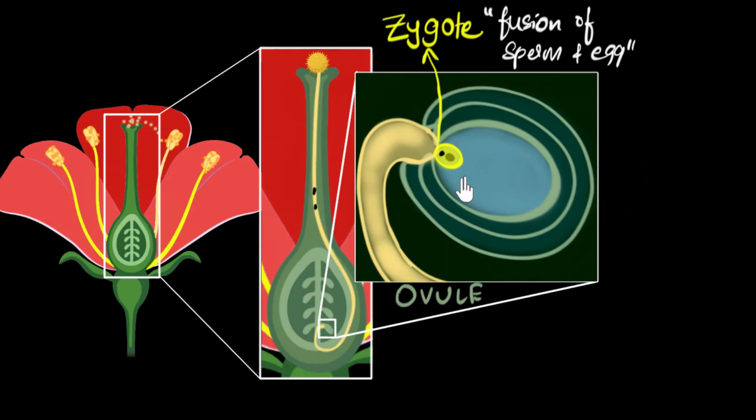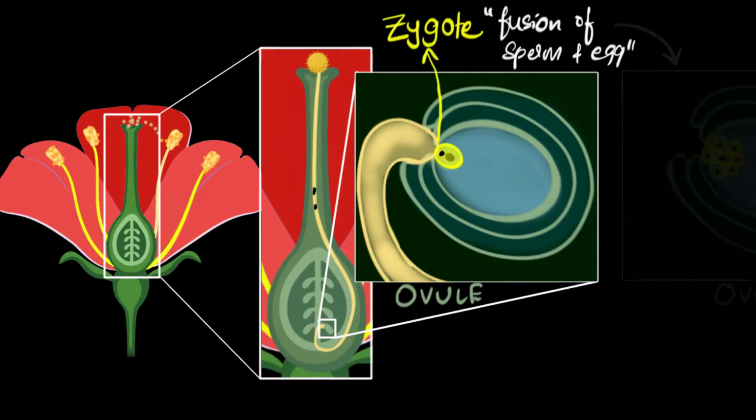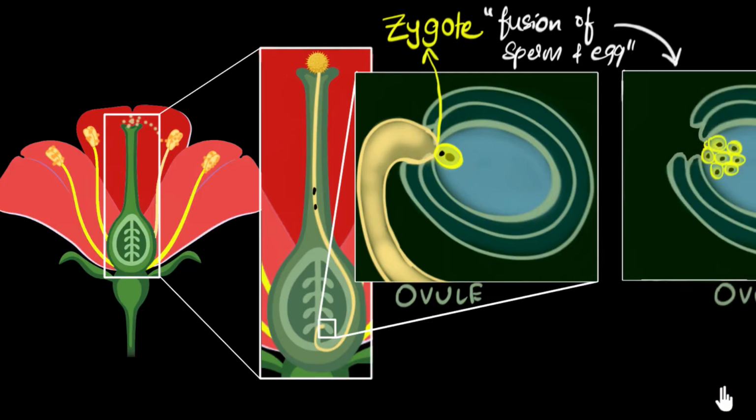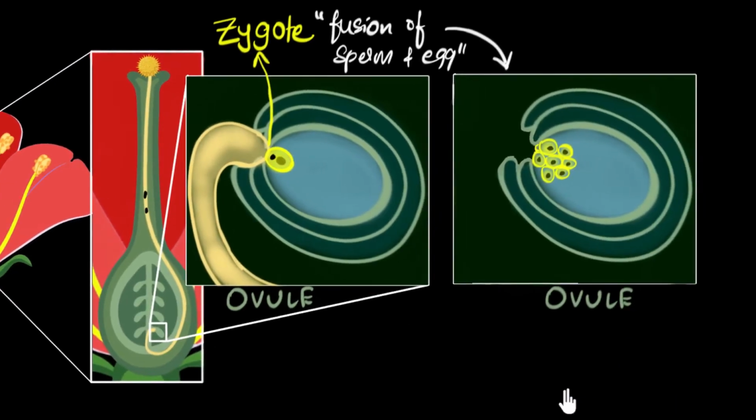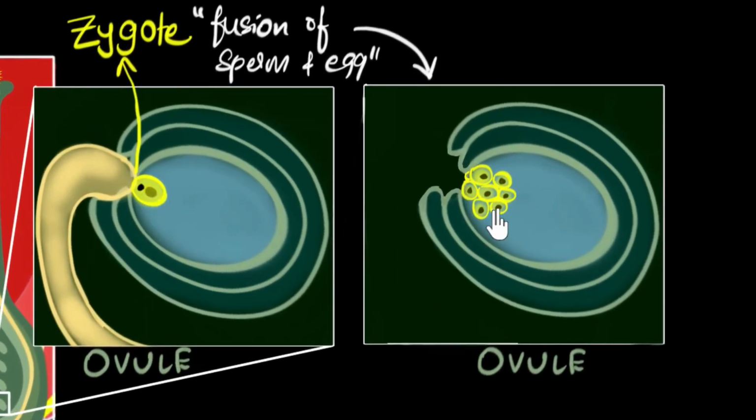What happens next? A lot of changes start happening. First of all, the pollen tube has done its job, so it'll start disintegrating. Then the zygote will start dividing from 1 to 2, 2 to 4, 4 to many. Let me show you that. We can now see the zygote is multiplying. It's dividing into many more cells.